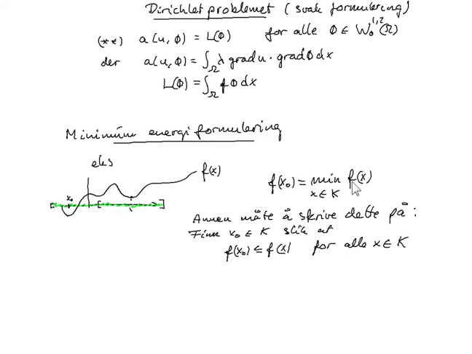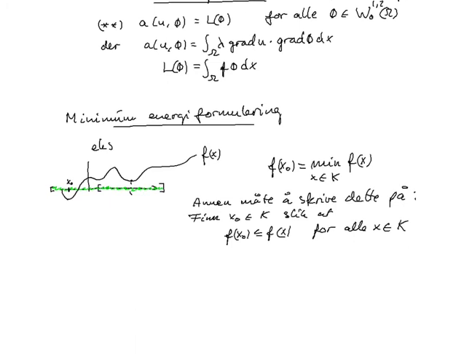So this is the way of writing that the minimum value is f of x0. Another way of writing this is the following: find x0 element in this set k, in this example the green interval, such that f of x0 is less than or equal to f of x for all x in this set k.